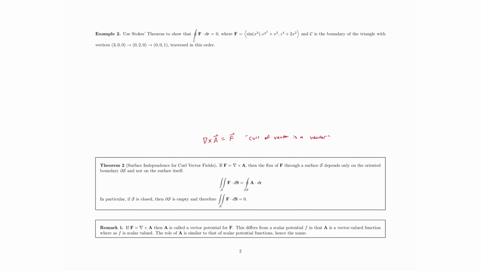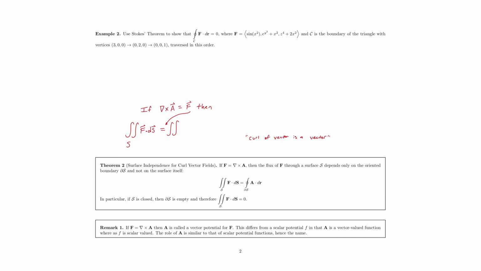Okay? So this theorem here is saying that if we are asked to do a surface integral of some vector field F, and if, for instance, we know, let's say, that the curl of some vector field A equals F, then we can say this equal sign.